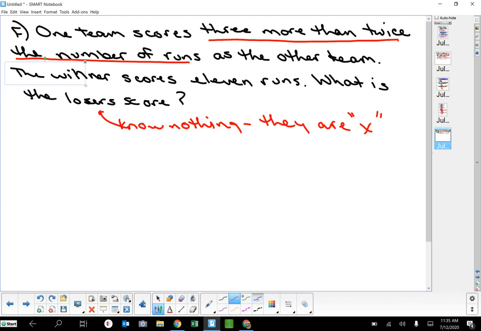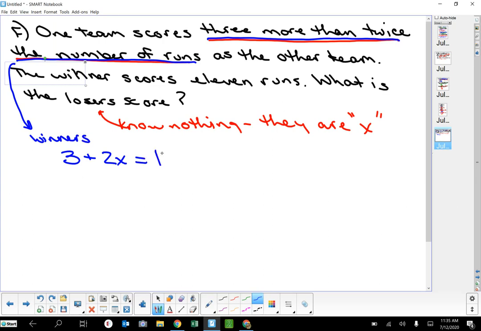We'll do that in blue. 3 more than twice the number of runs as the other team. They clearly are the winners, right? So these are the winners because they score that many runs. And they score a total of 11 runs. So if we find out what x is here, then we know how many runs the losers scored. So we're just going to solve this guy.